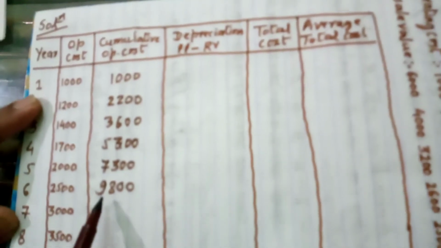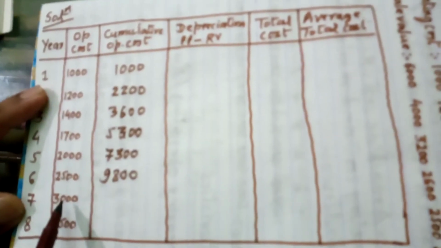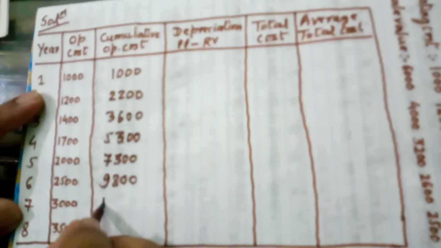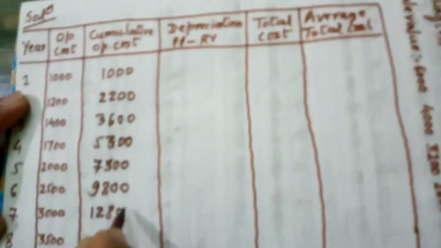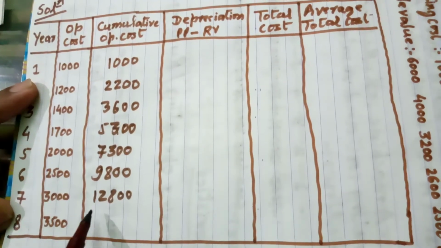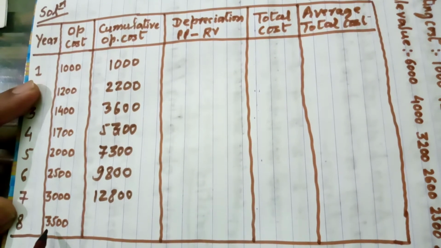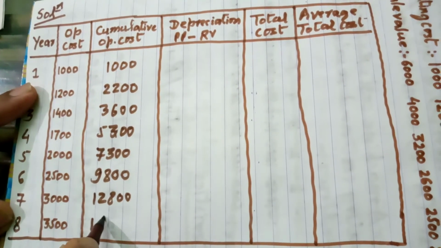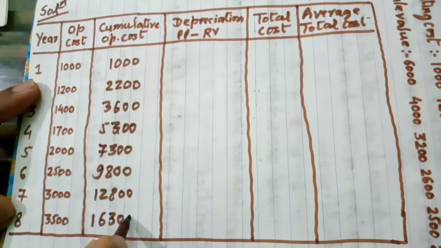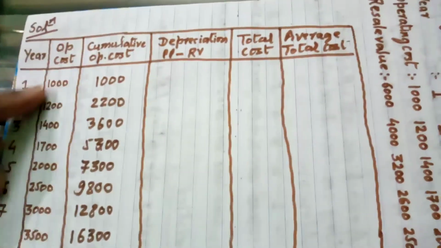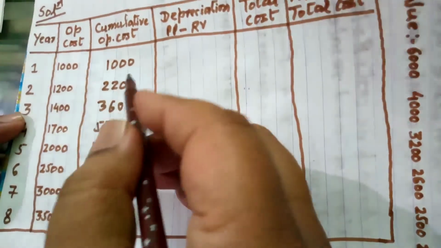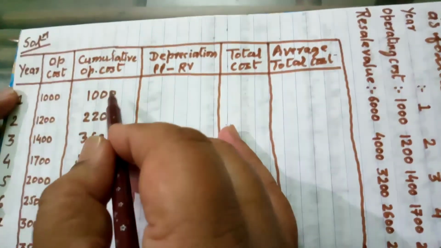Then at the end of the seventh year it will be 9800 plus 3000, which will be 12800. And by the end of the eighth year it will be 12800 plus 3500, that is 16300. So in this way we have calculated the cumulative operating cost or the total operating cost by the end of each year.